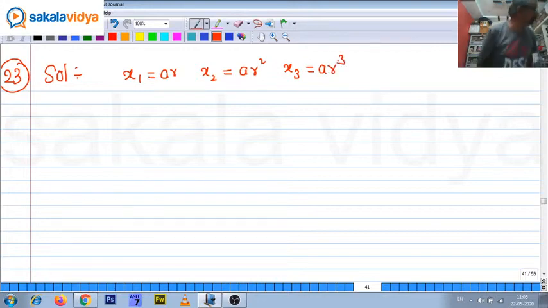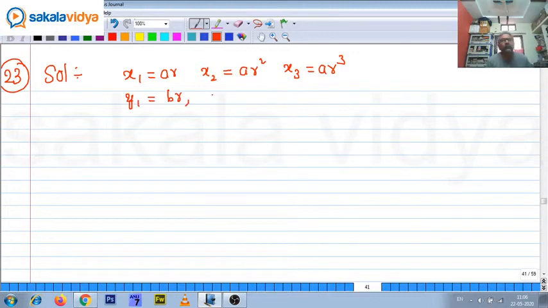Common ratio is say r. y1 equals b r, y2 equals b r square, because first term is b and the common ratio is the same, y3 equals b r cube. z1 equals c r, z2 equals c r square.